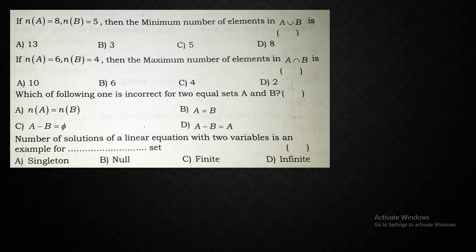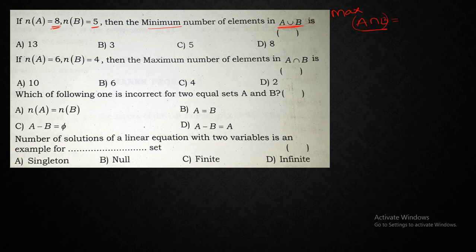n of A is equal to 8, n of B is equal to 5. Then the minimum number of elements in A union B. If you want the minimum number of elements in A union B, you need to take the maximum A intersection B. Among these two, what is the maximum intersection that we can take?